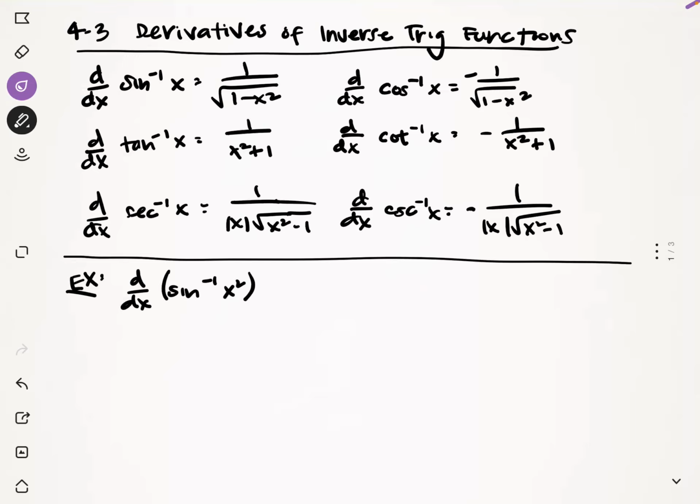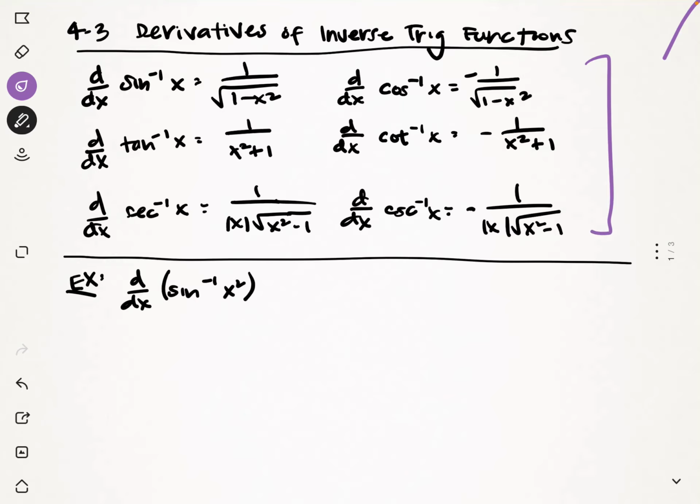We're looking at derivatives of inverse trig functions. Now, I wrote them over here. They're also on your cheat sheet, so you don't have to rewrite these if you're taking notes, but I wrote them in this fashion so that we can see how they're related. So we don't have to memorize all six of them.